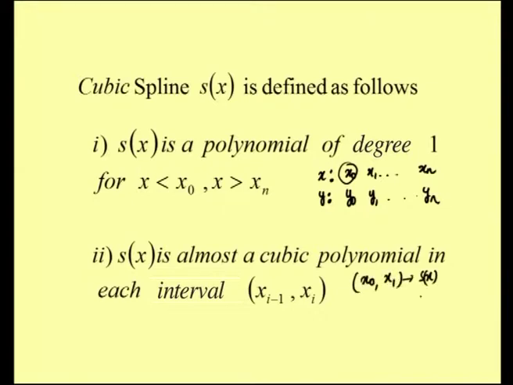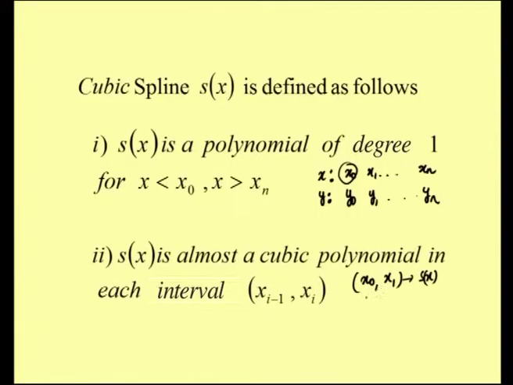For example, if you take the interval x naught comma x1, S of x can be a constant, in the sense a polynomial of degree 0, it can be a polynomial of degree 1, it can be a polynomial of degree 2, and it can be a polynomial of degree 3 in each interval, like x naught comma x1, x1 comma x2, like that, up to x(n minus 1) comma xn.